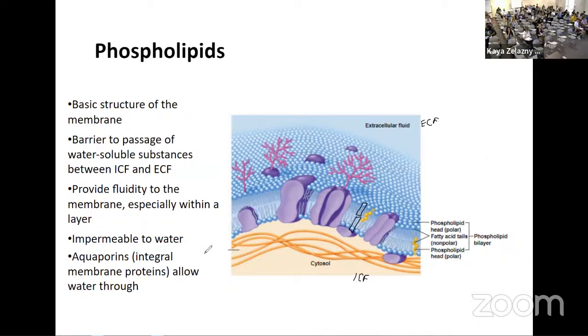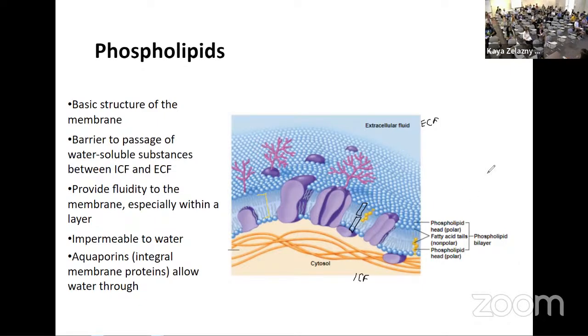So why is this creating a barrier? If you'll notice, looking at the thickness of this membrane, it is true that we have a polar head touching the extracellular fluid and the intracellular fluid, but most of the thickness here is made up of those fatty acid tails.